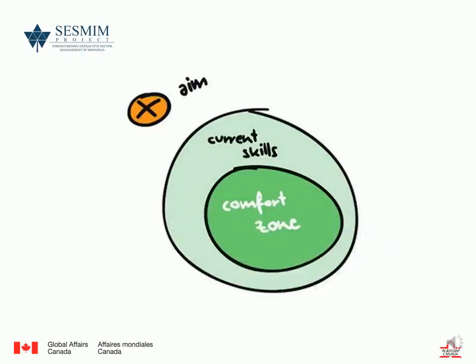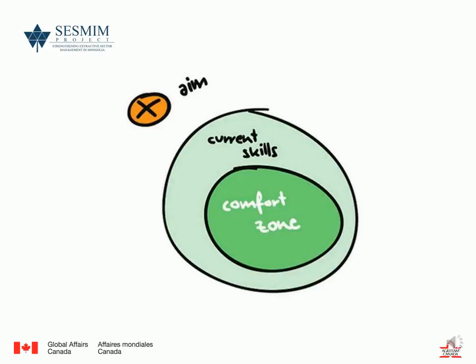Things don't change because we like to stay within our comfort zone. It's very easy: if we know what we're doing, we do not have to expand outside our comfort zone, we can keep doing the same thing. That means nothing changes.